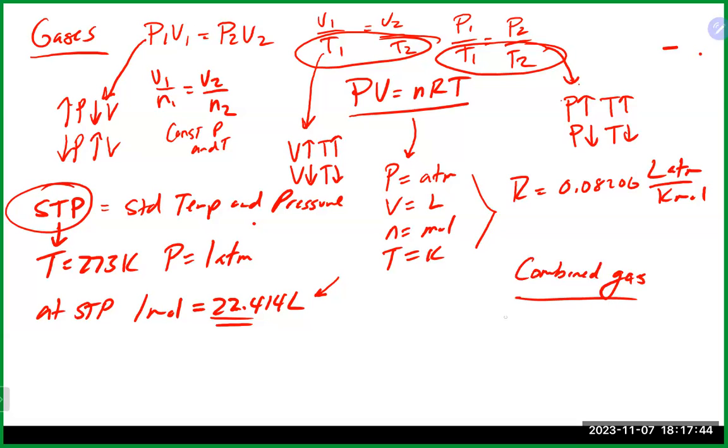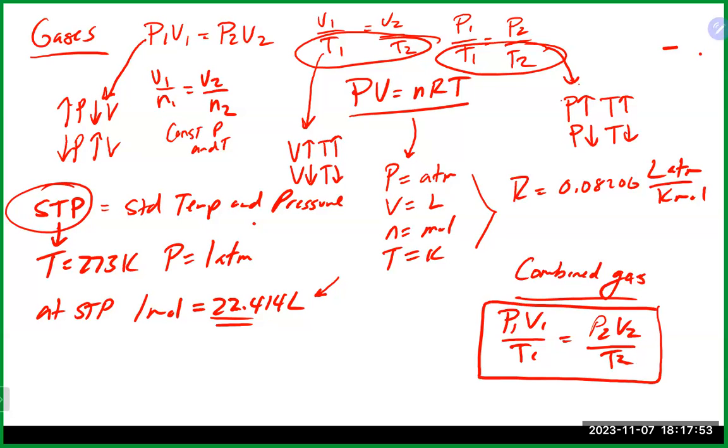And the combined gas law is P1 V1 over T1 equals P2 V2 over T2. Once again here, temperature does need to be in Kelvin. Pressure and volume can be any units as long as they are the same on both sides. As I mentioned before, this is a really good gas law to know, or even the version where you still have the moles in there, which looks like this.